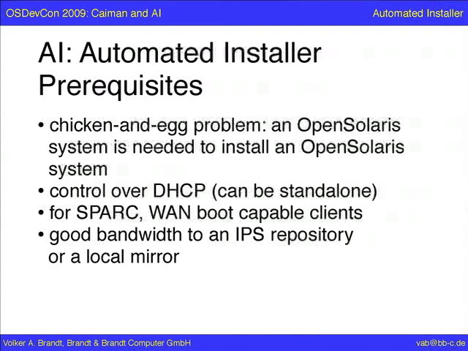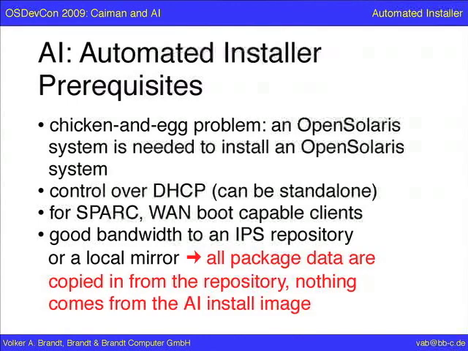You're correct. And of course, you need to have a good bandwidth to an IPS repository or a local mirror. Why is this important? This is even more important because all the package data are copied in from the repository. That means there is no interaction between the boot image and the actual packages that are added onto your target system.